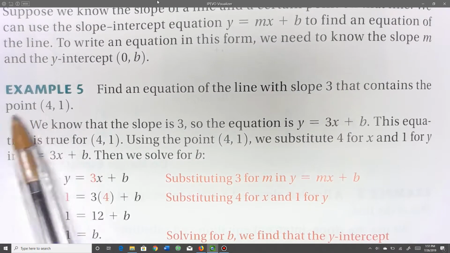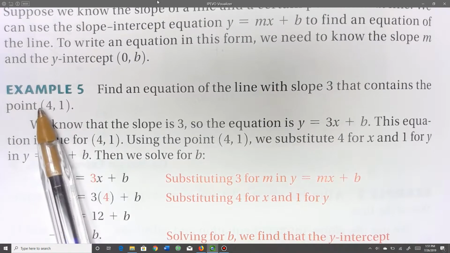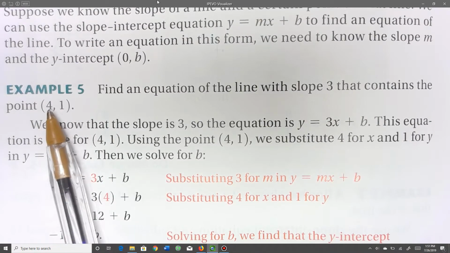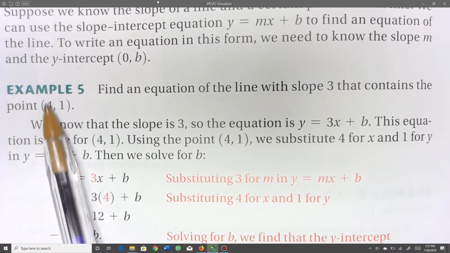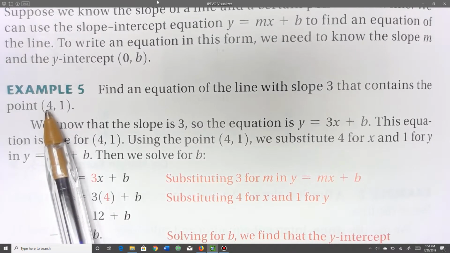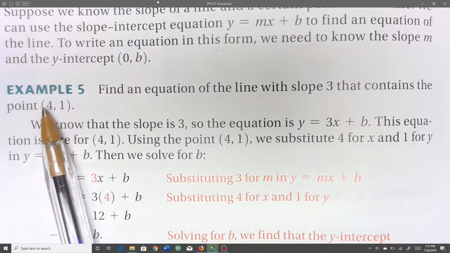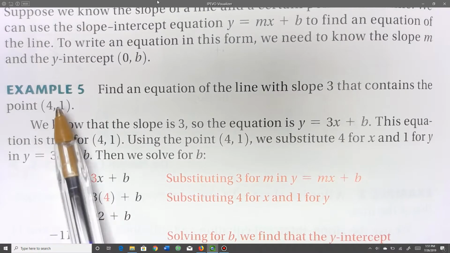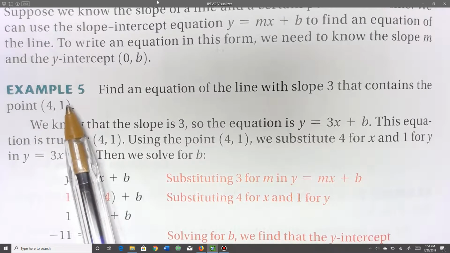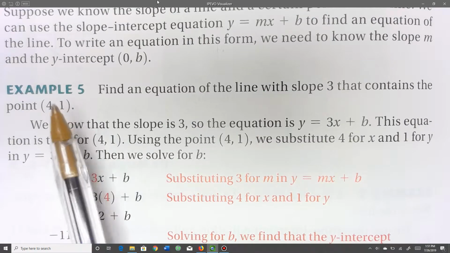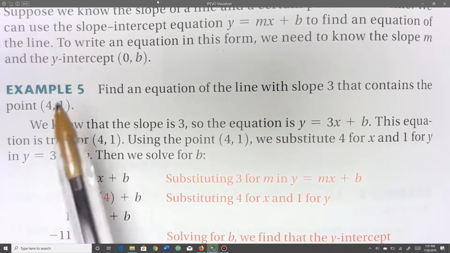However, they gave us a different point. They didn't give us the ordered pair with a 0 here, the y-intercept. They gave us a different point. However, this is still doable. We can still find the equation. Watch.